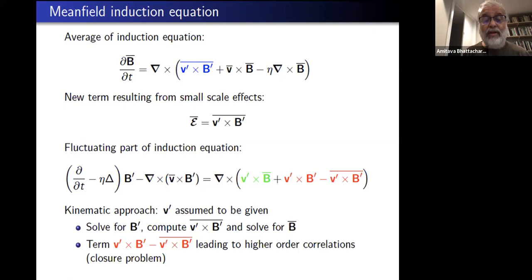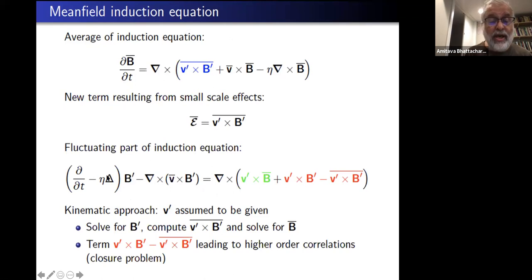But now, if you take this mean equation and you subtract it from the total equation without any averaging, this is the equation you get. This is not an averaged equation. It's actually an equation for the fluctuation B prime. Now you look at this equation and you say, nice equation.